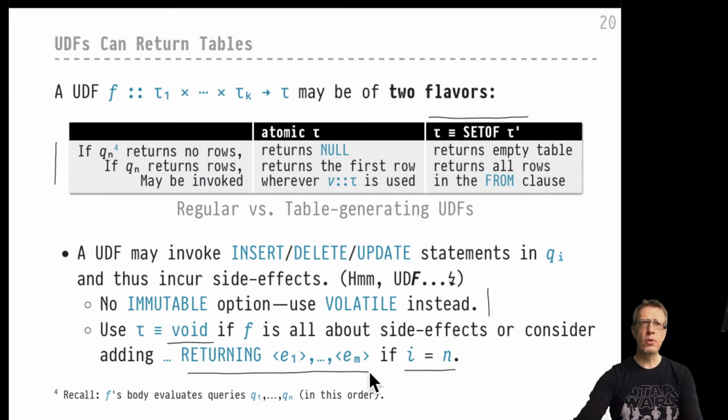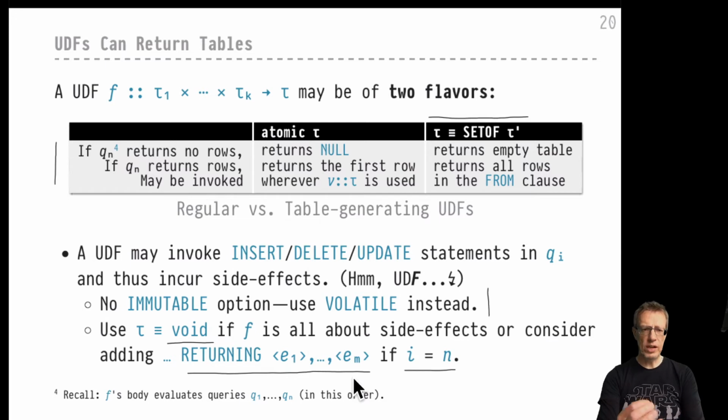We have seen this before in the lecture. The returning keyword can be appended to a SQL DML statement and will of course incur the side effects of this DML statement, but will indeed also return the values of these expressions e1 to en for all the rows that have been affected by your DML statement.